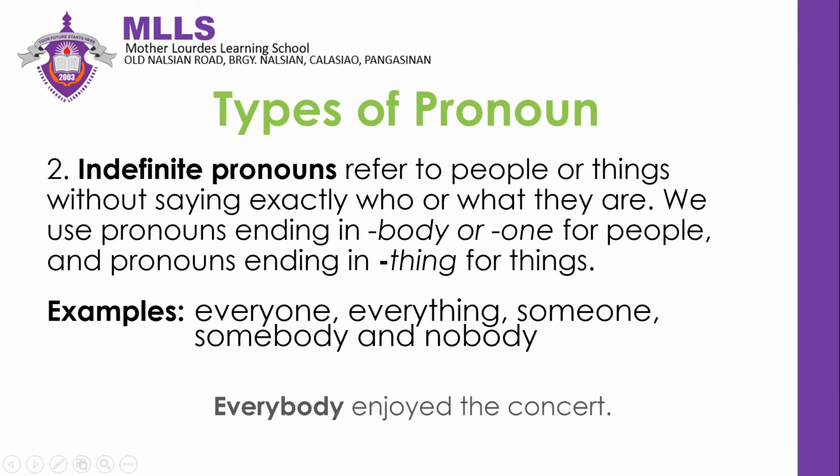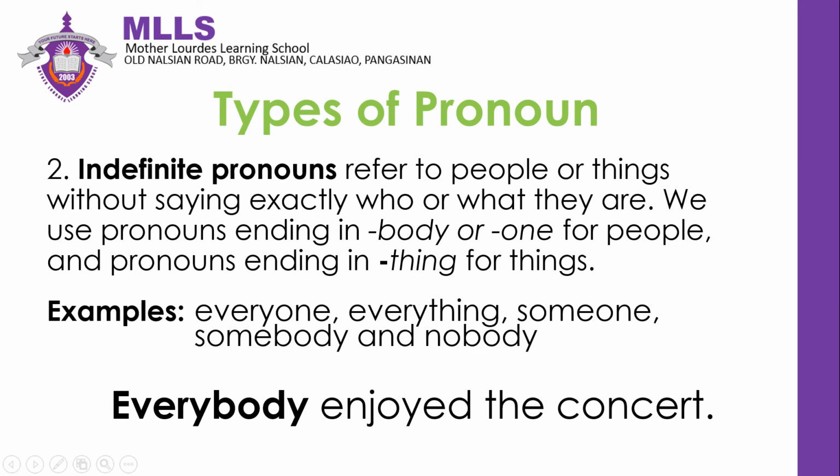Example sentence: Everybody enjoyed the concert. The question is, do you know exactly all the people who enjoyed the concert? Definitely not. The word everybody is an indefinite pronoun because it does not specify the identity of its referent.